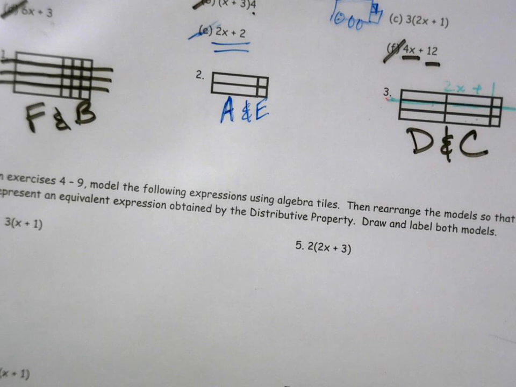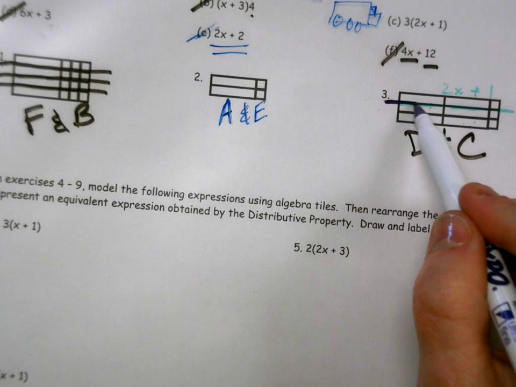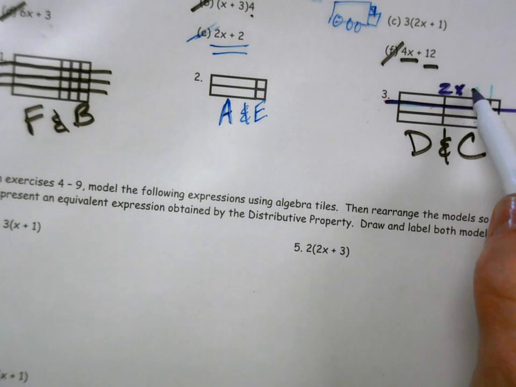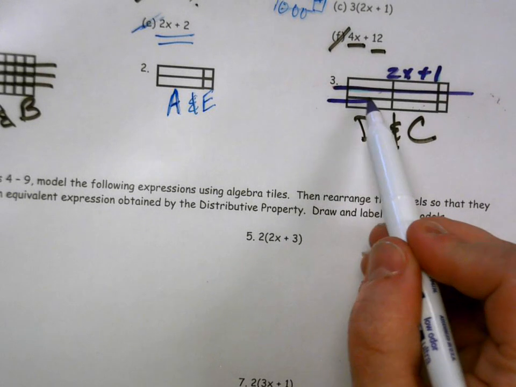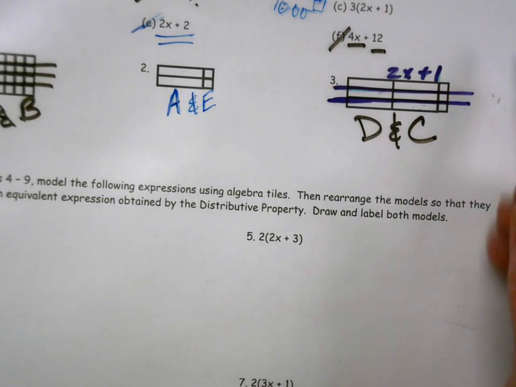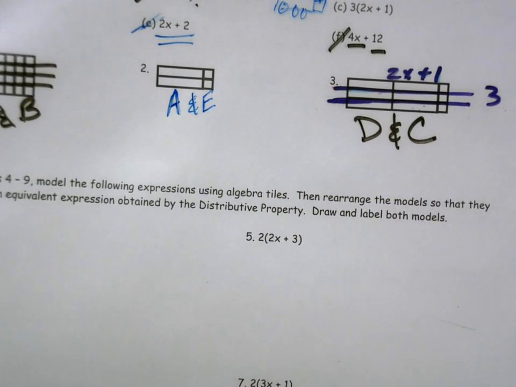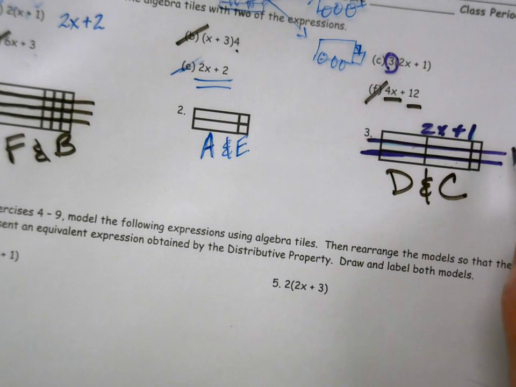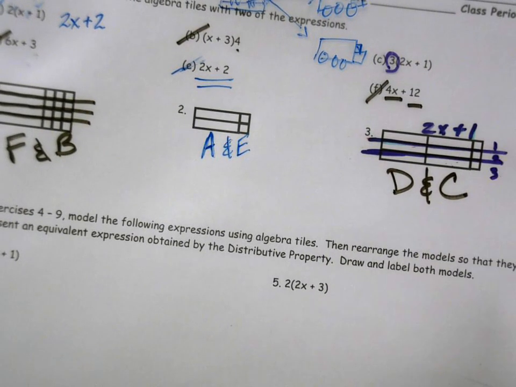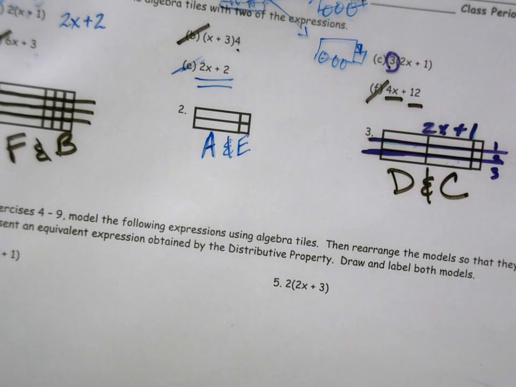What does number C say? There's one group of 2x plus 1, and then here's another group. So we've got 3 groups times the 2x plus 1. That's where this comes in. So 1, 2, 3 groups of the 2x plus 1.